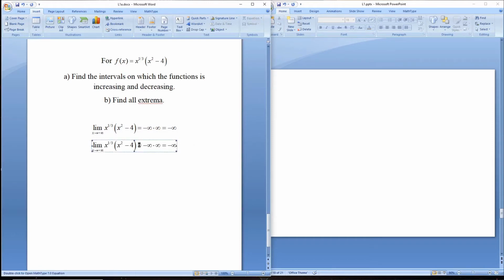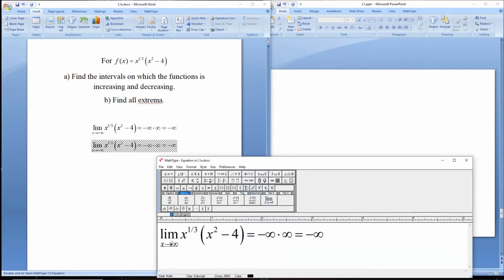Now what about going to positive infinity? Well, it's going to be the same deal. This here will still go to positive infinity, but now this will also go to positive infinity, and that will give us a positive infinity.